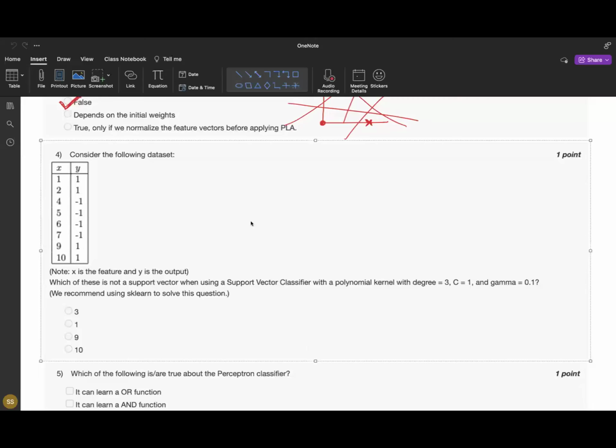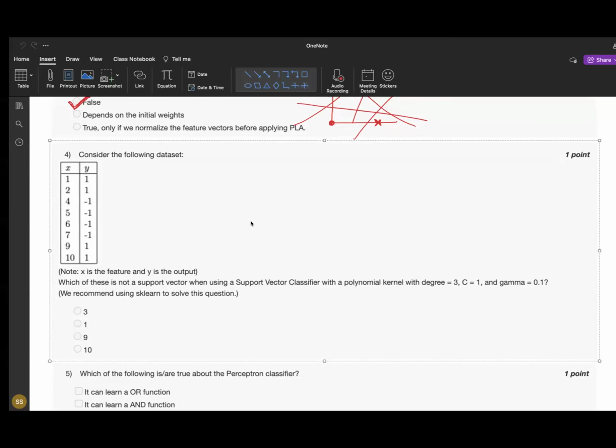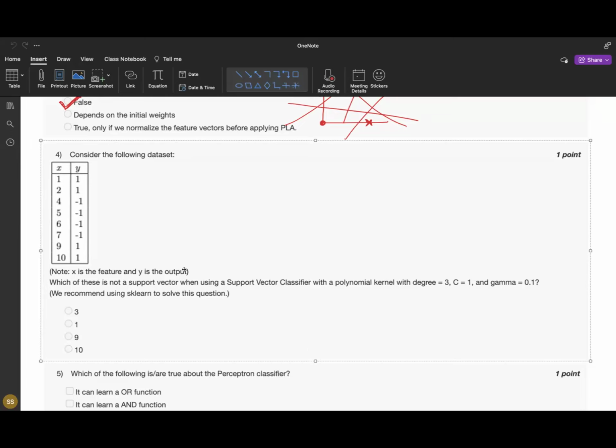So which of the following is not a support vector? The answer is 5. 10 is not there. 3 is also not there. 1 is there and 9 is there. So it should be 3 and 10. But the solution is 1.